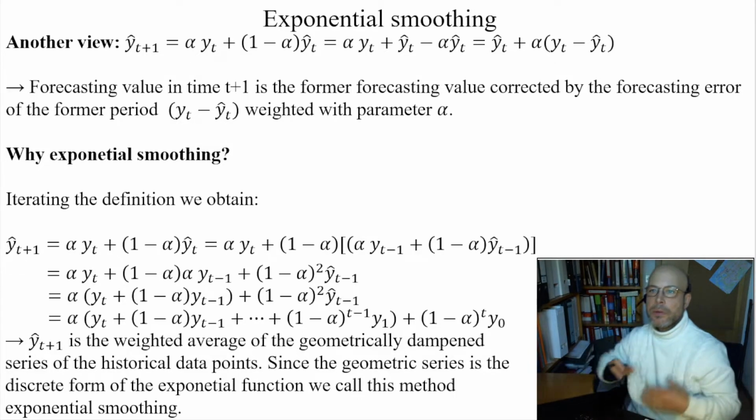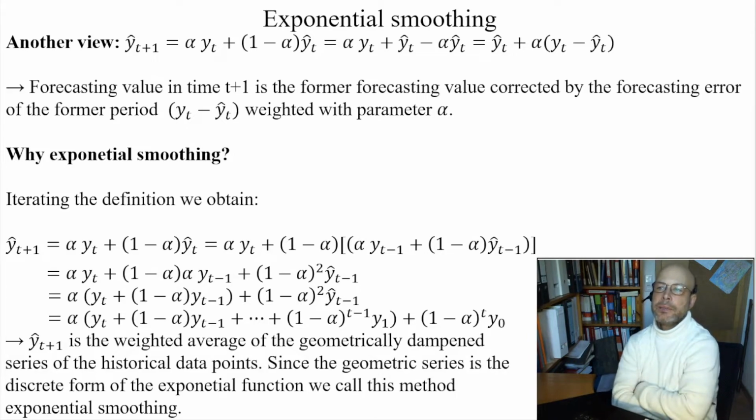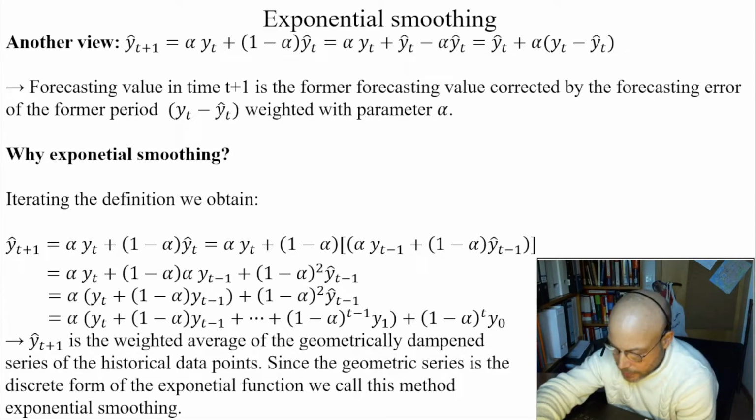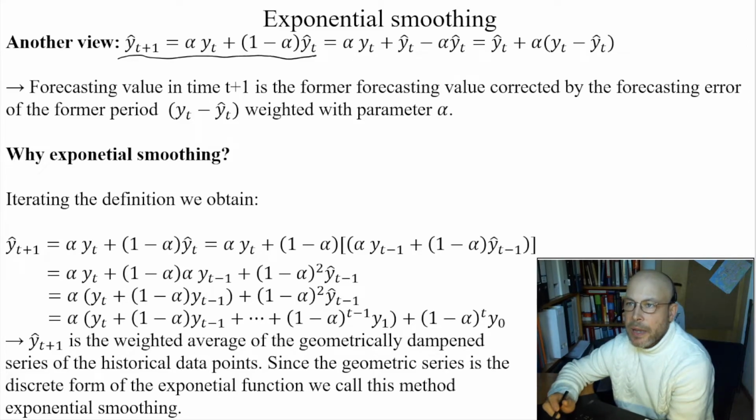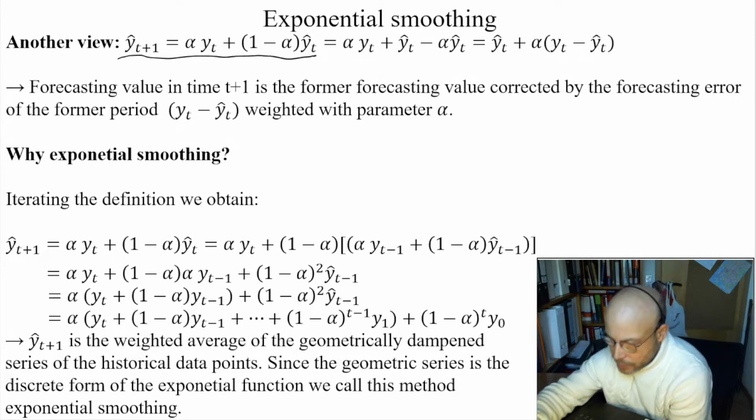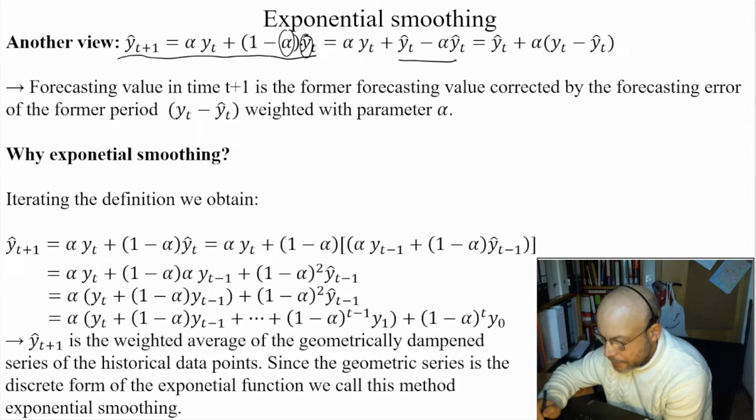But we can also interpret this exponential smoothing in another way when we just manipulate our definition. And for this, again, this is the defining equation. And this we can rewrite, since we just multiply this bracket, and then we see that it is 1 times the forecasted value minus alpha times the forecasted value, which we have here.